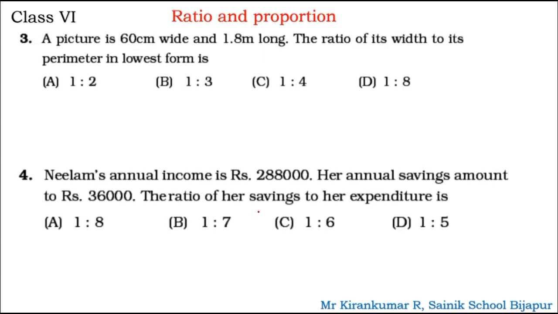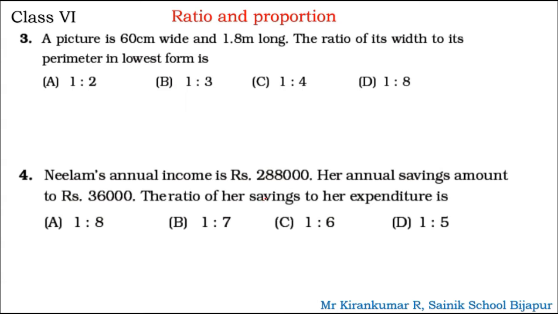Question number 3. A picture is 60 centimeter wide and 1.8 meter long. The ratio of width to its perimeter in the lowest form is.